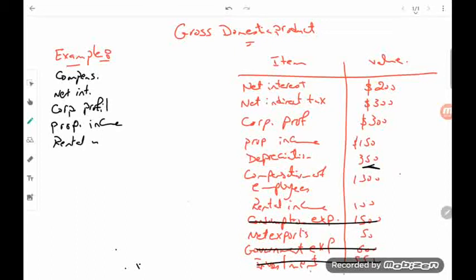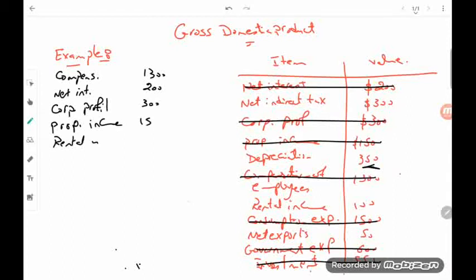Compensation of employees is 1,300. Net interest is 200. Corporate profit 300. Proprietor's income is 150.